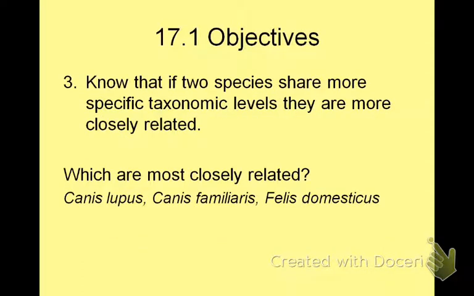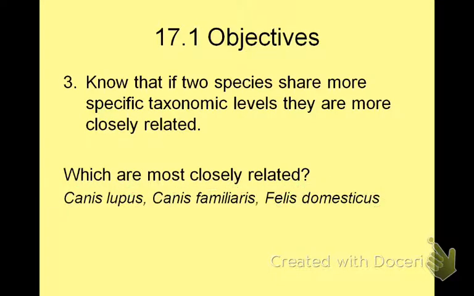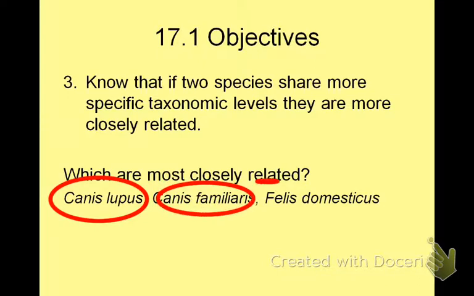Let's go back and take a look. These are 3 different scientific names: Canis lupus, Canis familiaris, and Felis domesticus. Now you can't see the words there. So what you have, Canis lupus, the genus name is the first word, that's capitalized, Canis, Canis, Felis.